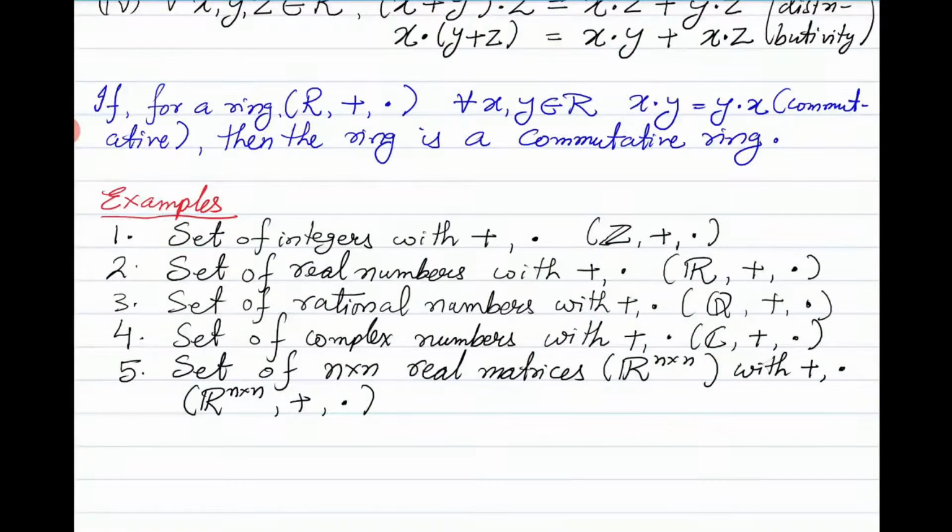The question is, is this a commutative ring? Put another way: is matrix multiplication commutative?